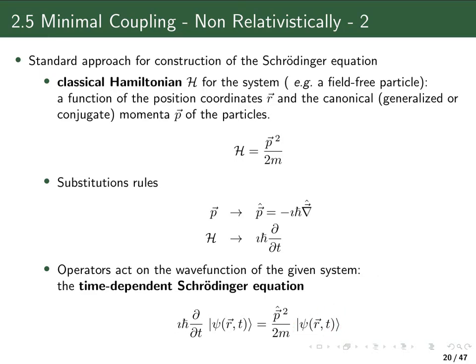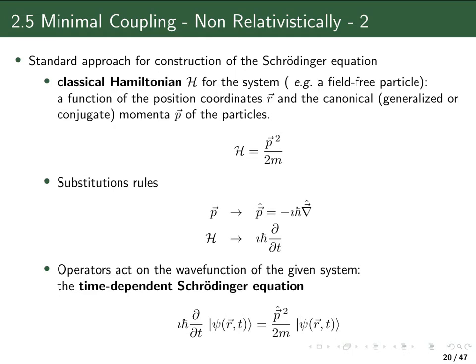And if you remember that we wanted to look at a field-free particle, just a particle in vacuum, where the particle only has kinetic energy, there's no potential energy, then you can see this is exactly the time-dependent Schrödinger equation. This means that when we have found the classical expression for the Hamiltonian, then we can use the substitution rules in order to get to a time-dependent Schrödinger equation.